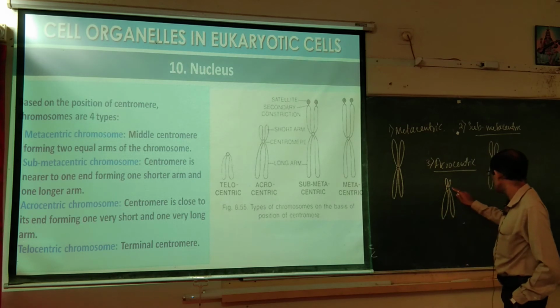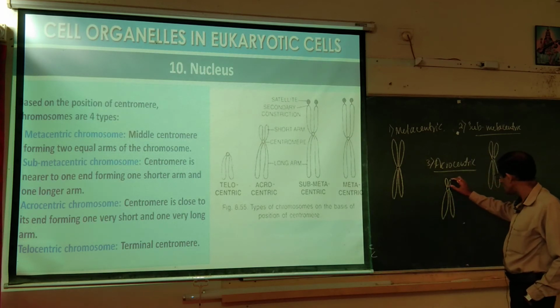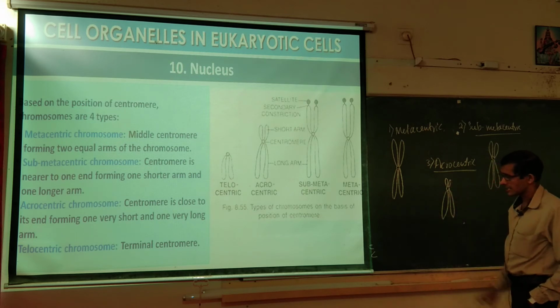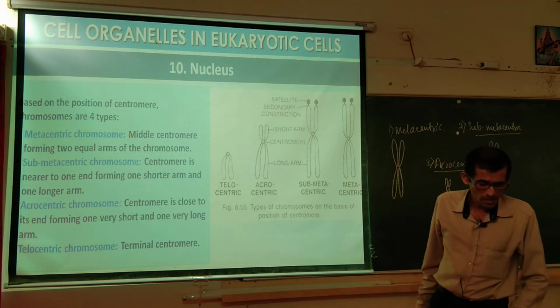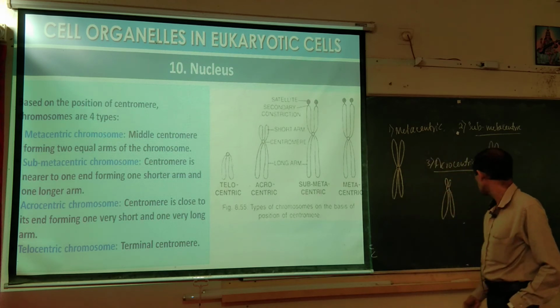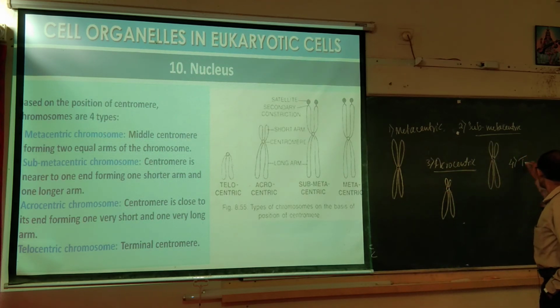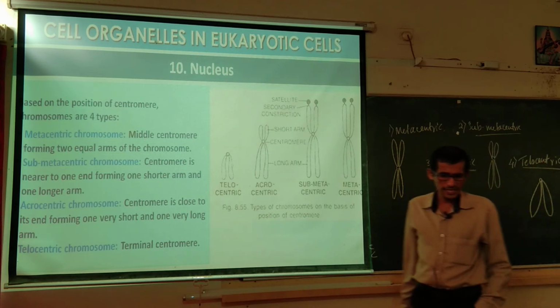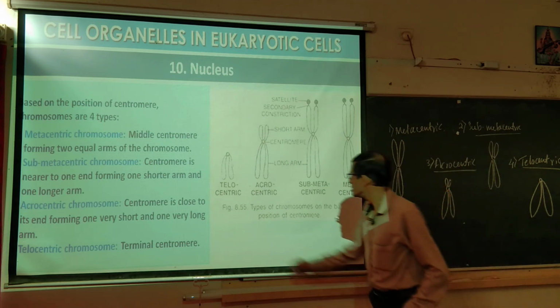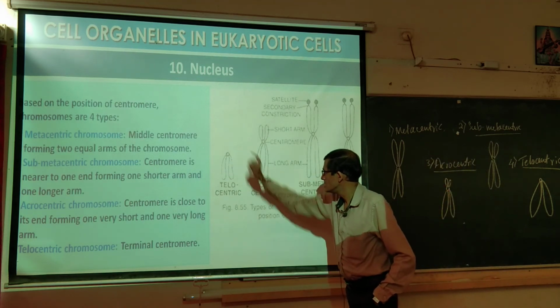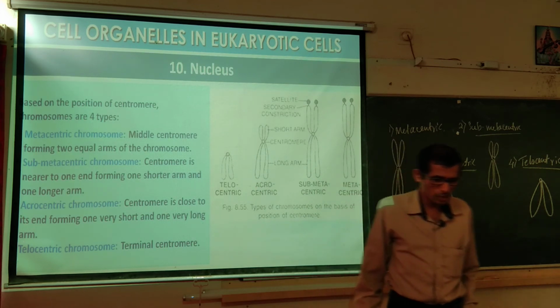And the telocentric chromosome has a terminal centromere. Here there is no long arm and short arm, only a single set of arms with the terminal centromere, so it is called a telocentric chromosome.